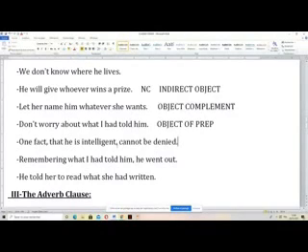An appositive is an element or a part of a sentence that adds information about the subject. So here take it as a subject of cannot. One fact that he is intelligent cannot be denied.